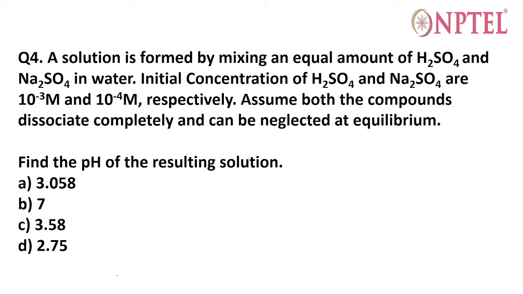Assume both compounds dissociate completely, and they can be neglected at equilibrium. Find the pH of the resulting solution. Try to solve this quickly and give the answer in the chat section.